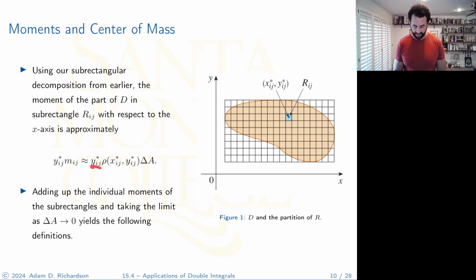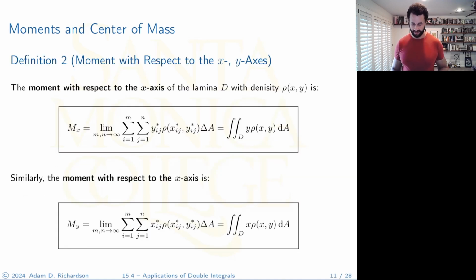That's why that's there. And then you just have the mass, right? So remember, mass is density times area, or density times volume. So that's what's happening right here. That's the m sub ij. Now, add up all of those individual moments of every single little subrectangle, and then you take the limit as delta A goes to 0, and you get the following definitions. Here we go.